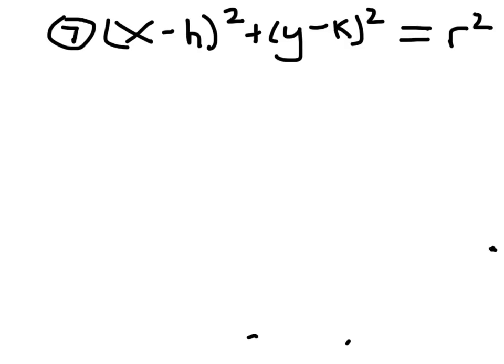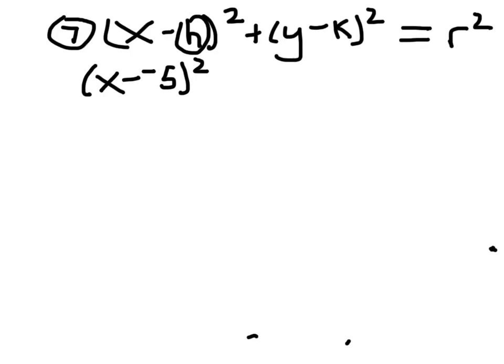When writing the equation of a circle, we need to write it in x minus h squared plus y minus k squared equals r squared form, where h and k are the coordinates of the center of the circle. In this example, the center is at -5, 3, and so I'm going to have x minus the -5 squared because h is -5.